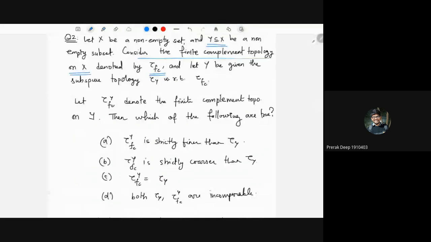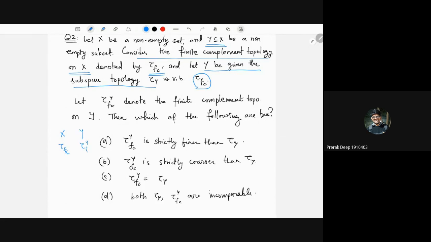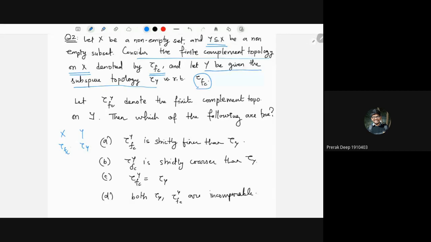What do we have here? We have a subspace topology on X, and we are considering the finite complement topology on X, denoted by tau FC. Y is given the subspace topology tau Y from this.